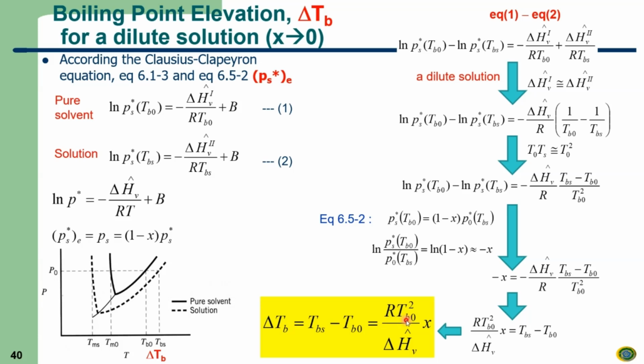The TB0 is the original temperature before you put the sugar in. R is the gas constant. And this is the latent heat of water. You can check from the table. Okay, you can do the calculation according to the Clausius-Clapeyron equation. It doesn't bother you at all. So what you understand here is that if you know this equation, delta TB is related to the amount of the sugar you put in the water only.